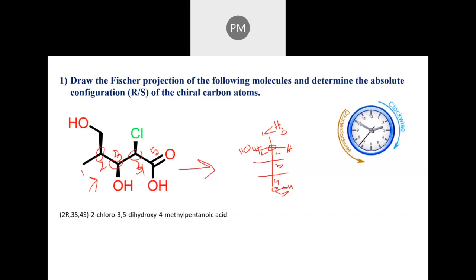And for the next carbon, if it is also above the plane, then that will be placed on the right-hand side.